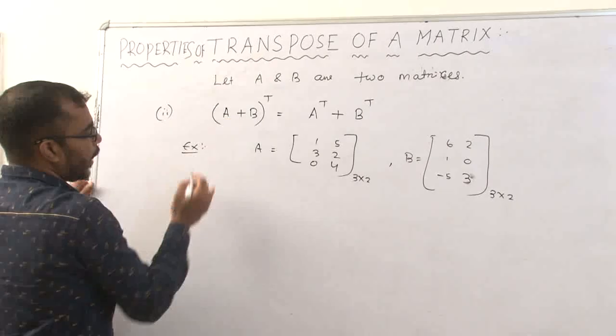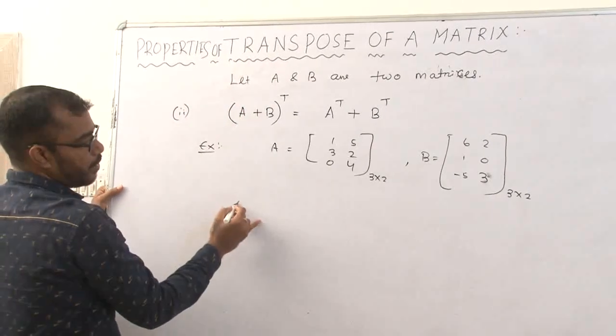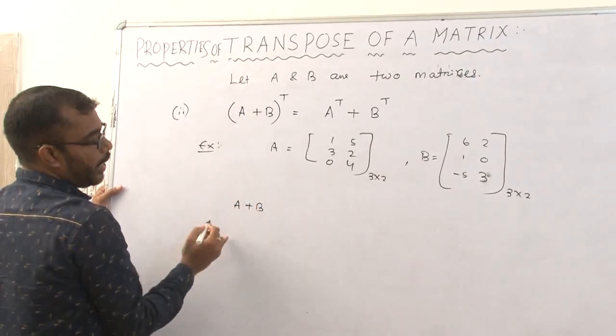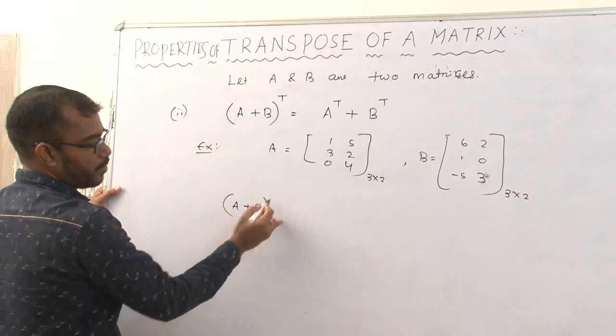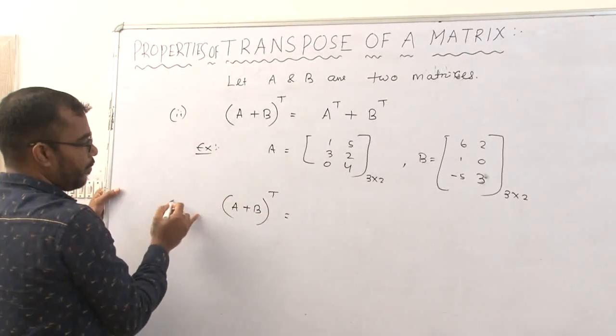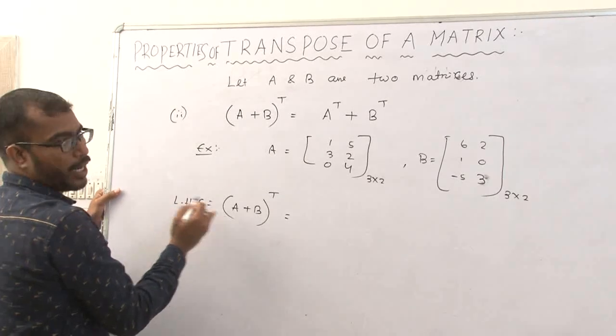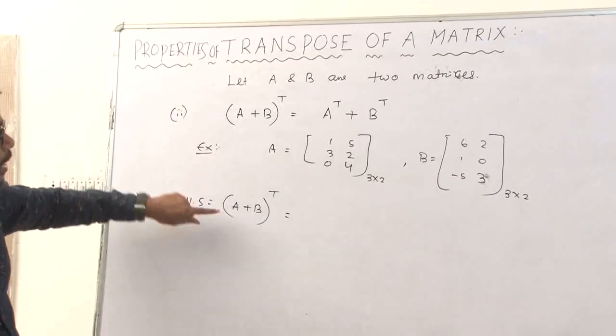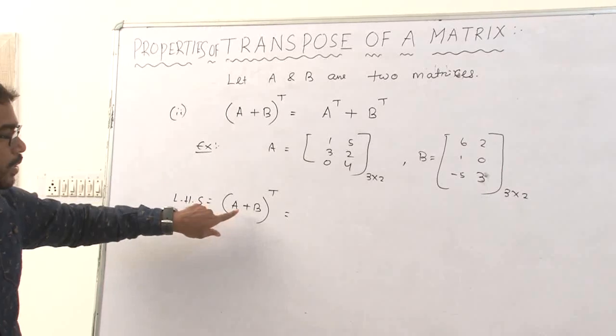So, first, the left part: (A plus B) whole transpose. If we verify, we take the left hand side first. The left hand side is (A plus B) whole transpose.